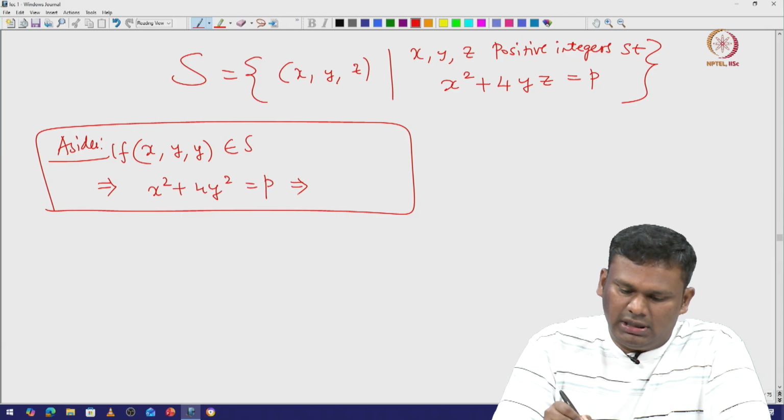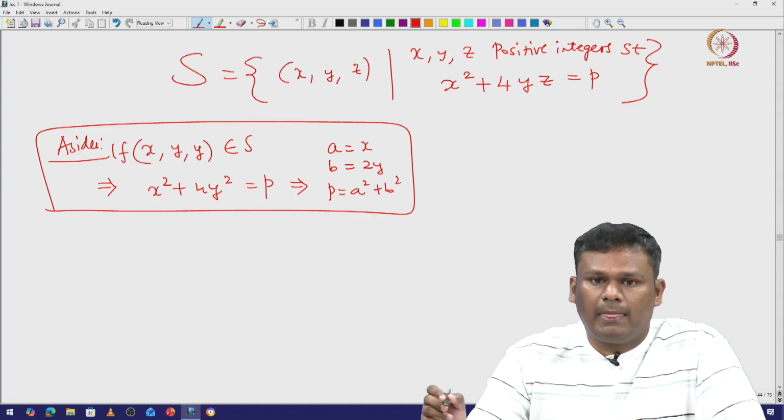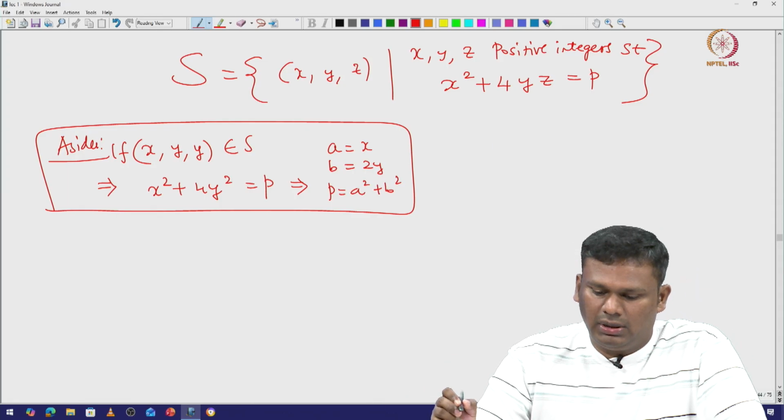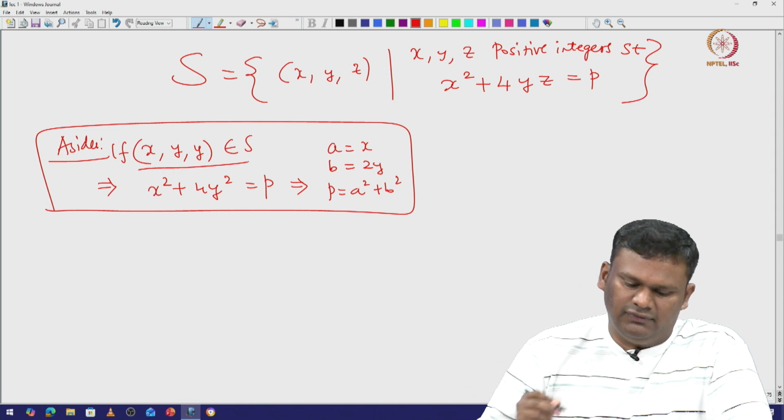That means, I can take a to be x, b to be 2y, then p becomes a squared plus b squared. So, that means we need to look for some element that is of this form.